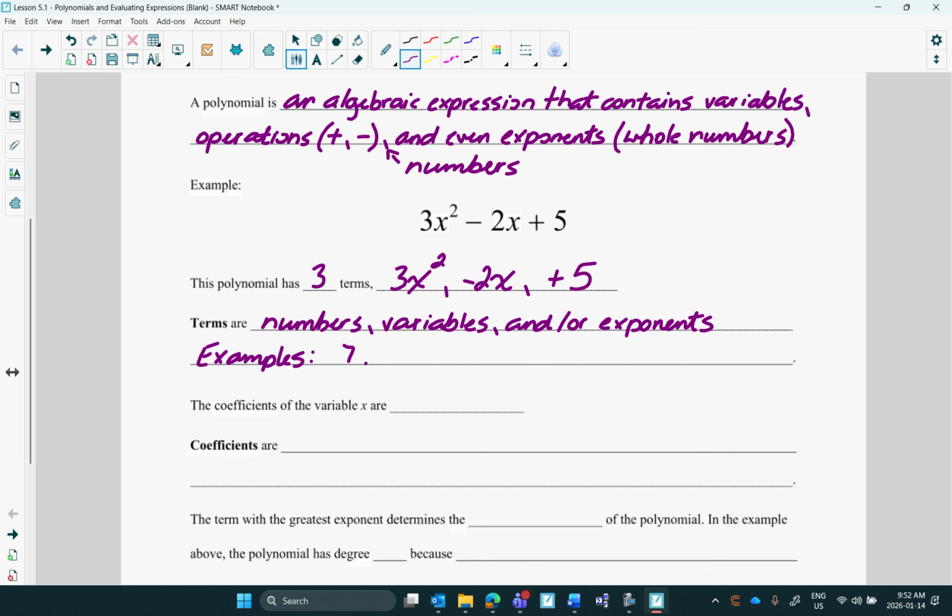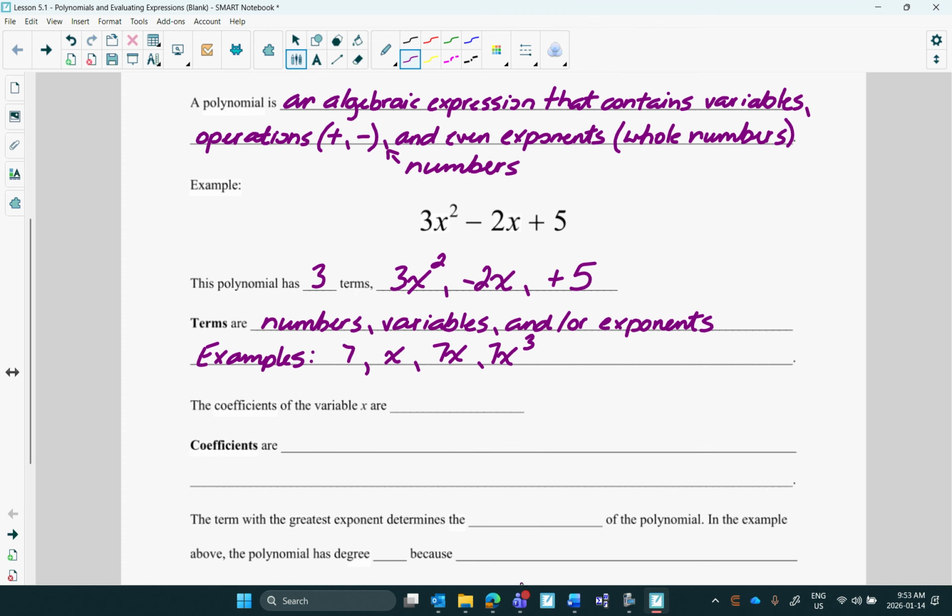It could be a variable. X could be a term. It could be those two multiplied together, 7x. That's another term. Or we may have an exponent. Well, let's do 7x to the third. All of those are examples of terms.